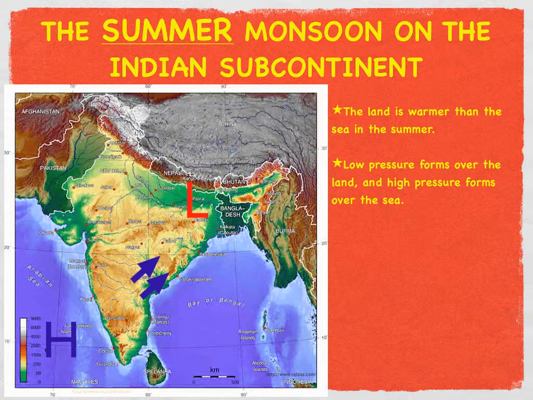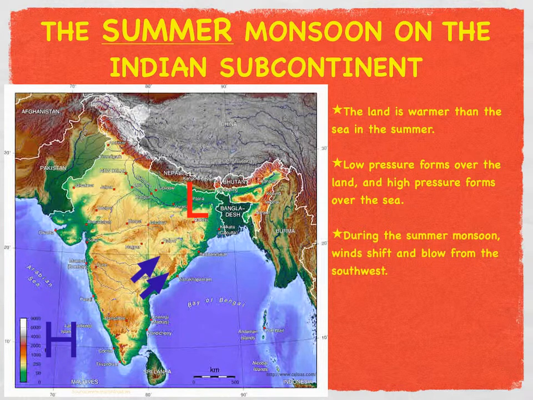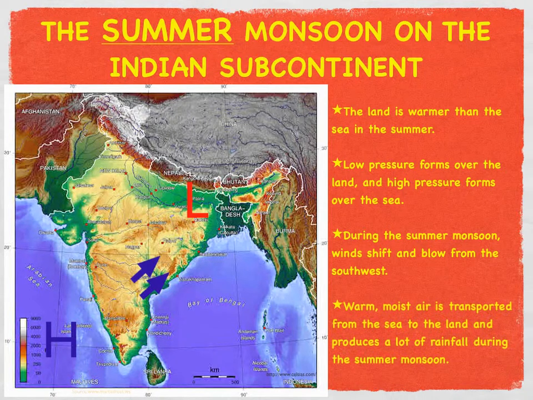When the winds shift and begin to flow from the southwest toward areas inland, the summer monsoon occurs. Warm, moist air is transported from the Arabian Sea and Bay of Bengal to the Indian subcontinent. This provides enough moisture to produce very heavy rainfall throughout most of the summer monsoon season.